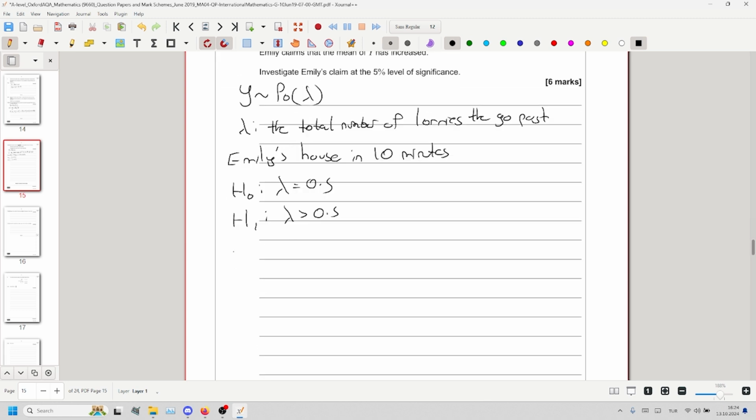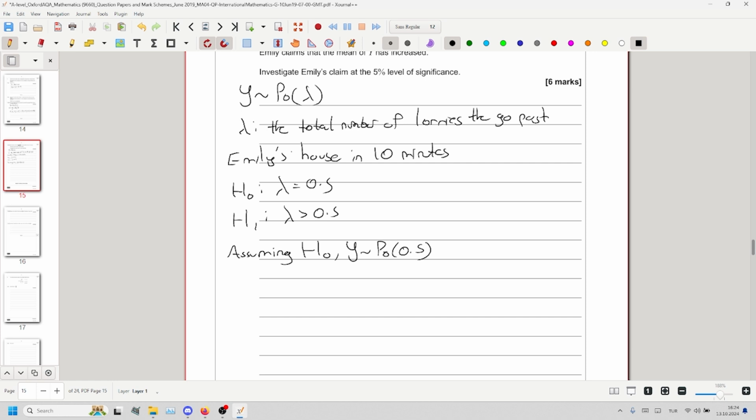Assuming H0, we can state that Y is modeled by a Poisson distribution with mean 0.5.